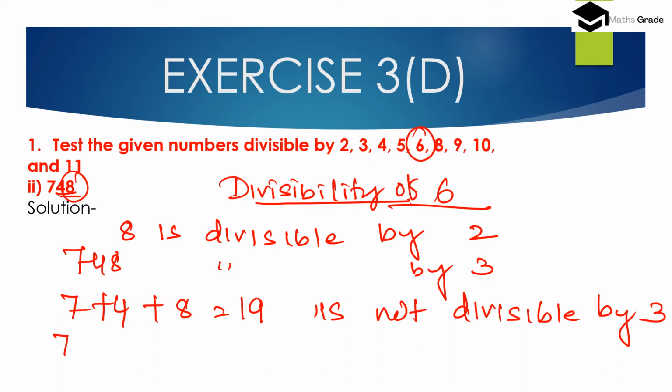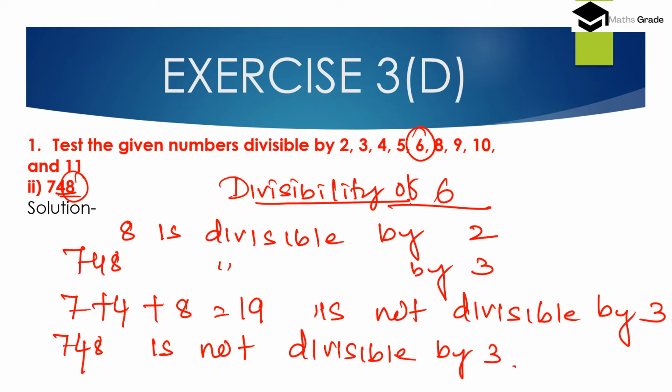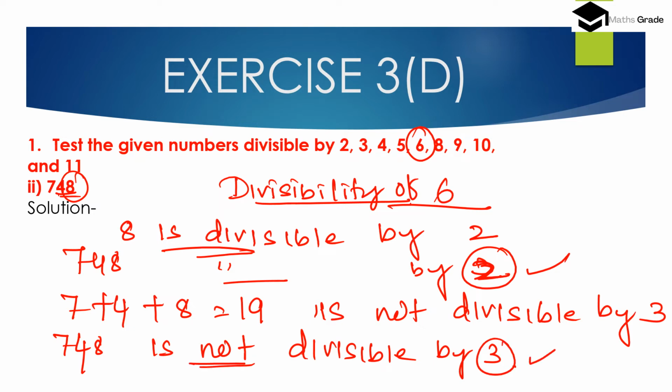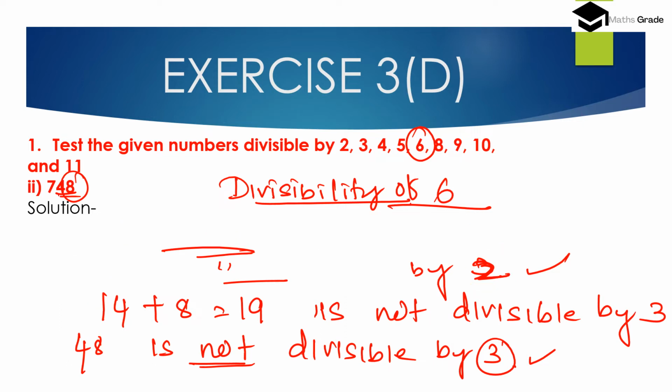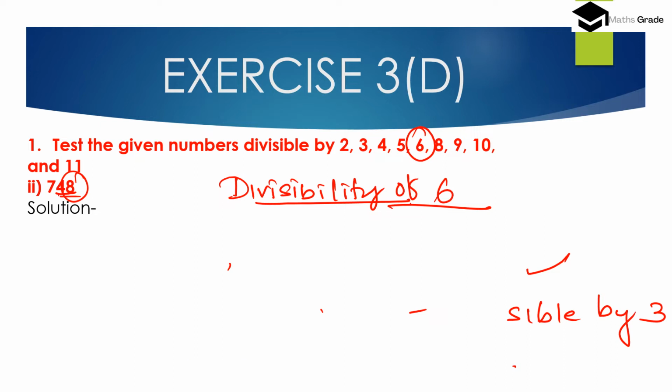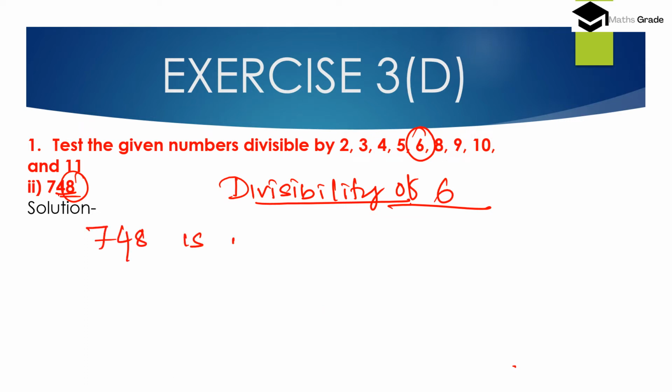So the number 748 is not divisible by 3. 748 is divisible by 2, but 748 is not divisible by 3. So 748 is not divisible by 6.